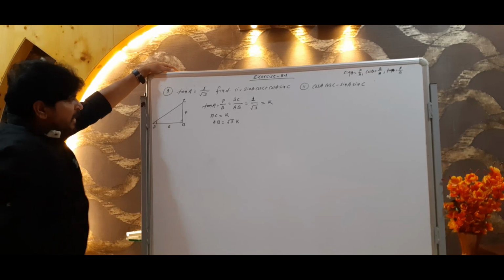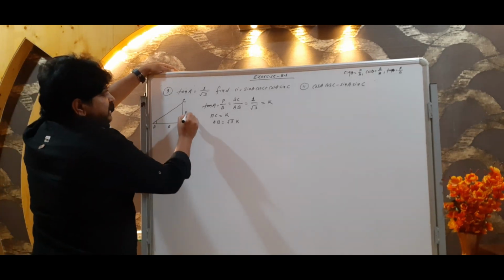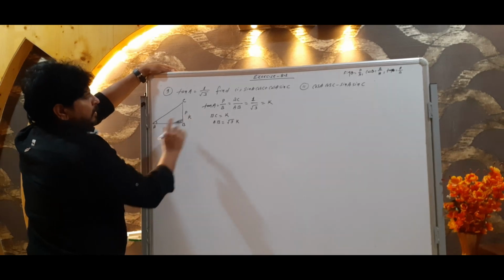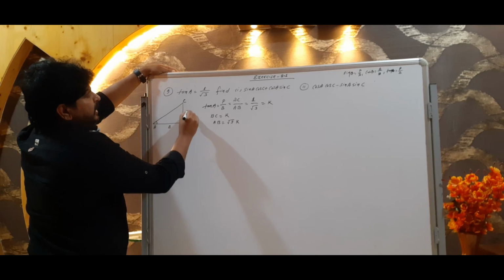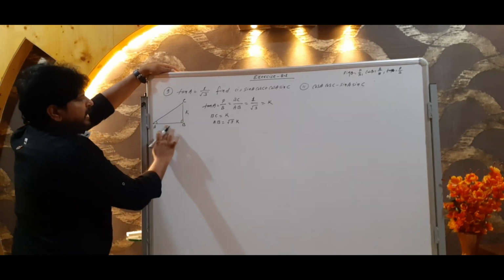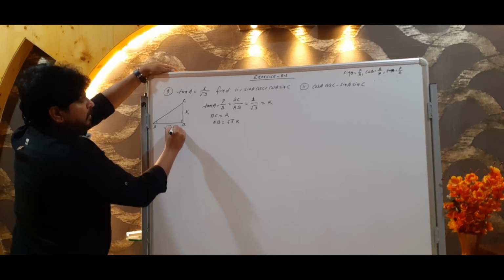Got my point? So BC is k, and AB is under root 3 k.